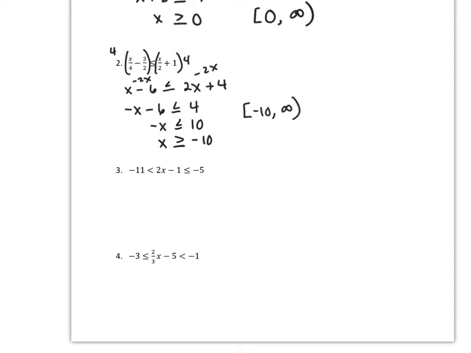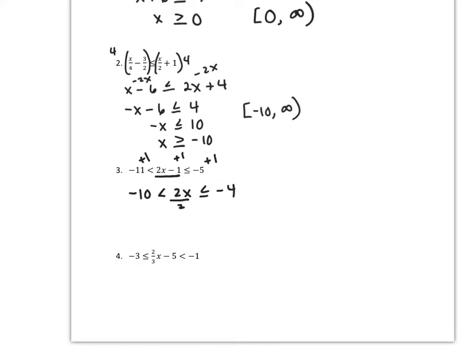All right, number 3, compound inequality. I want to get x in the middle. So what I want to do is add 1 to the middle and both ends. So that's negative 10 is less than 2x, the 1 is gone, is less than or equal to negative 4.